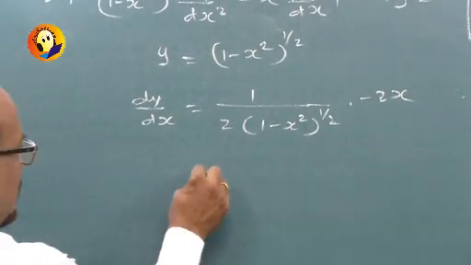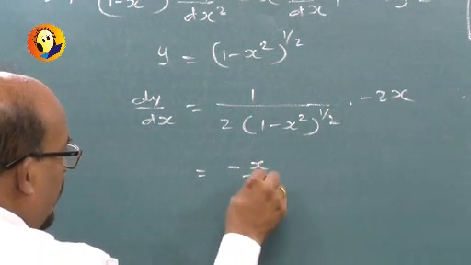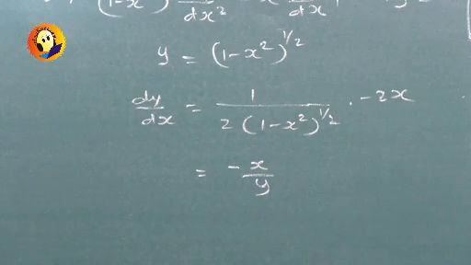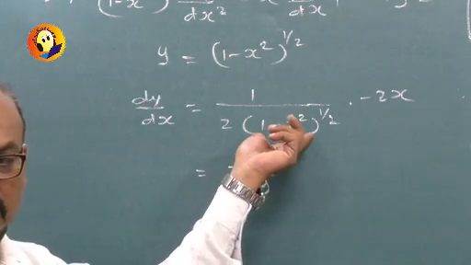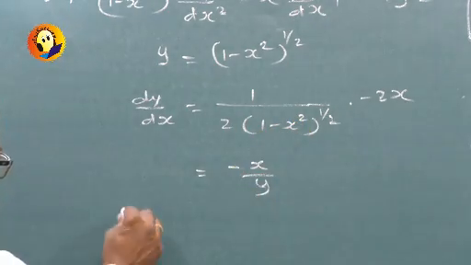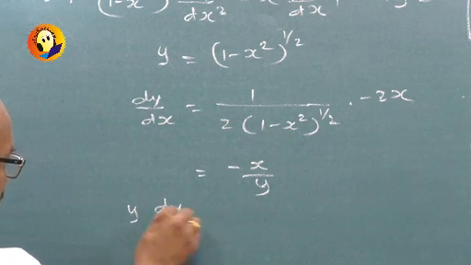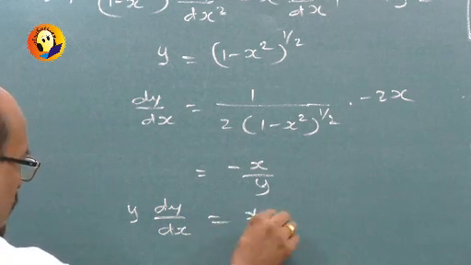So 2 cancels and I write it as minus x upon y, because (1 minus x square) raised to half is y only. So we get y dy by dx equal to minus x.